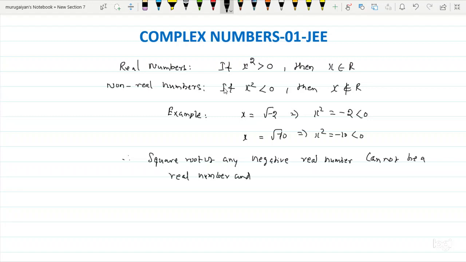And these numbers are called imaginary numbers or non-existing numbers.